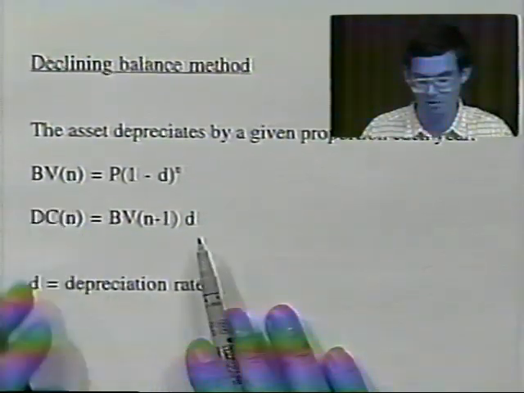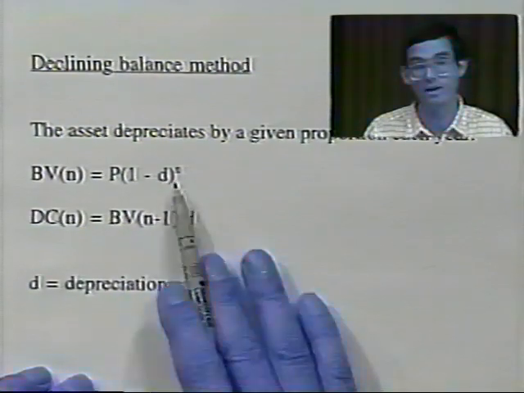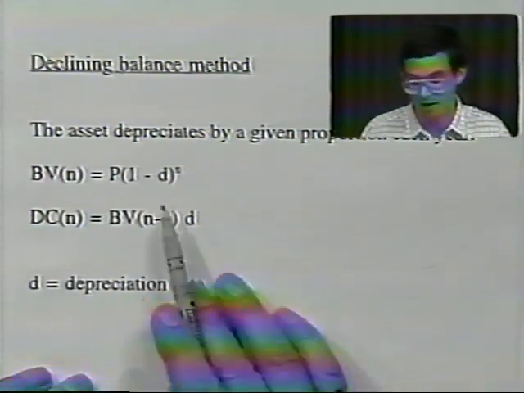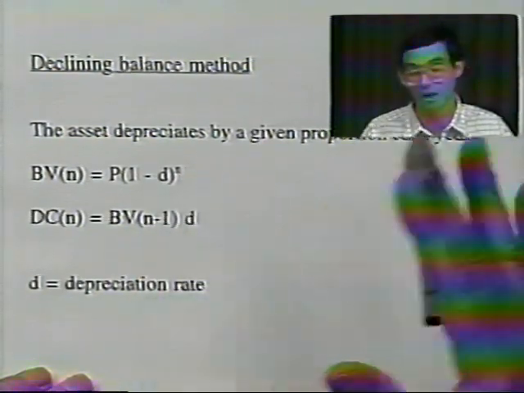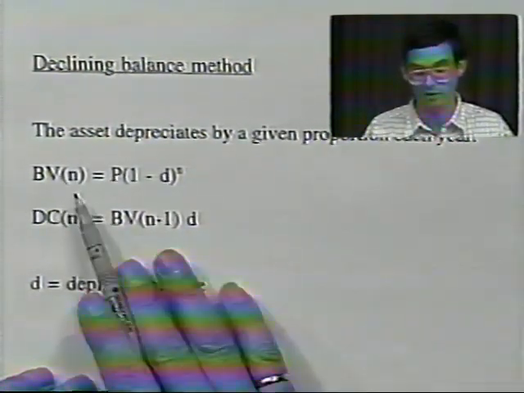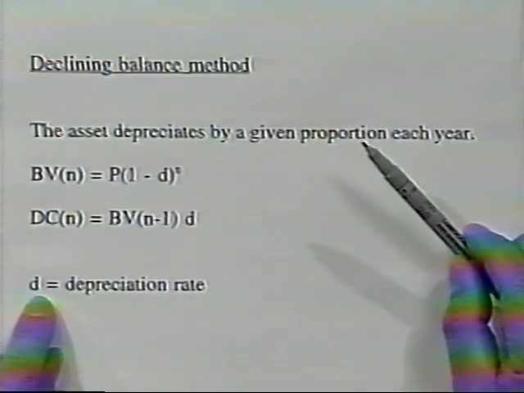The book value can then be calculated as P times 1 minus D raised to the nth power. And that 1 minus D raised to the nth power simply accumulates that depreciation charge on a year-by-year basis over the small n years. So now note a couple of things with the declining balance method. You need a depreciation rate.